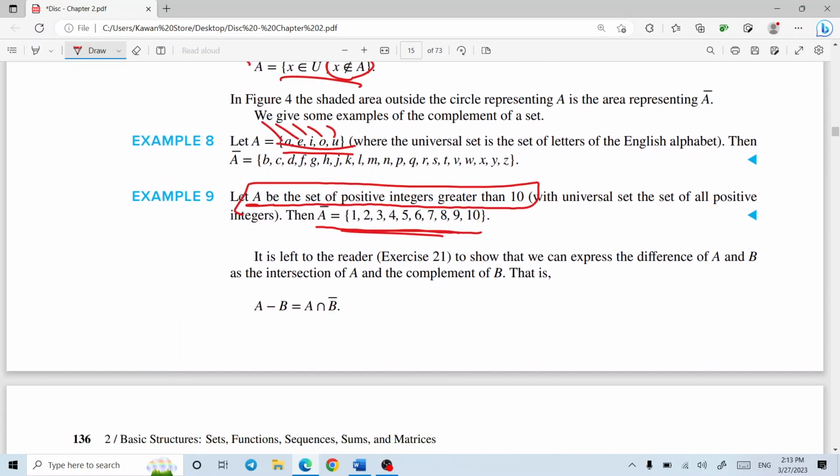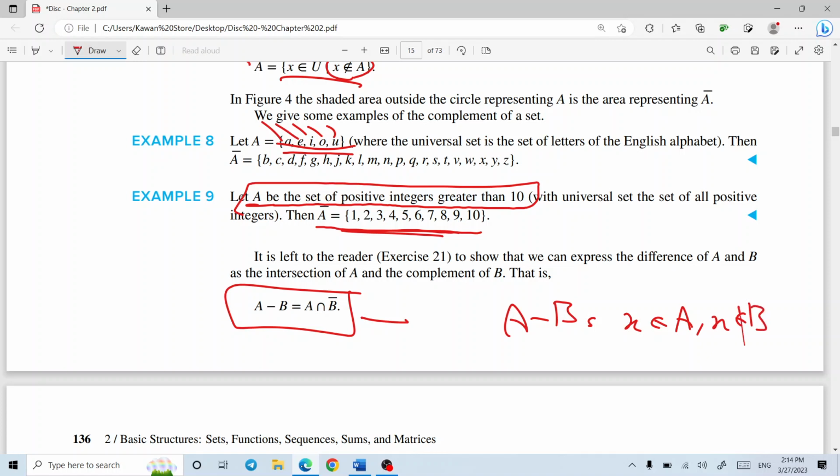And we have a property that sometimes there's a relation between A difference B and the complement. What do I mean? We say A difference B is equal to all elements X that belong to A but X does not belong to B. But you can write X belongs to A and X belongs to B complement.